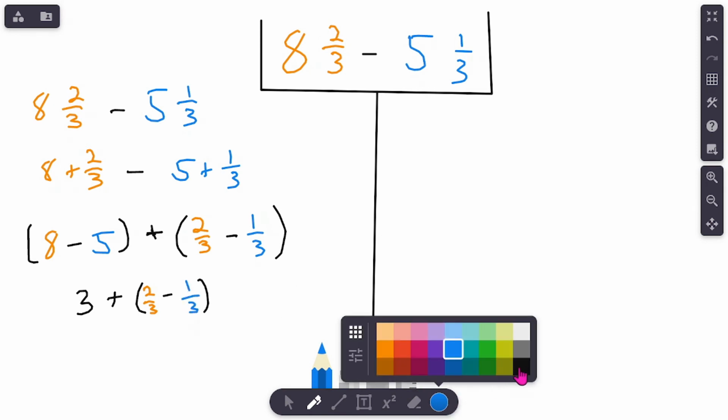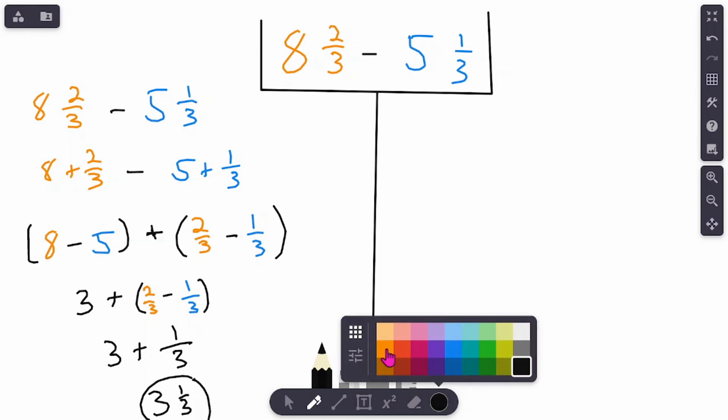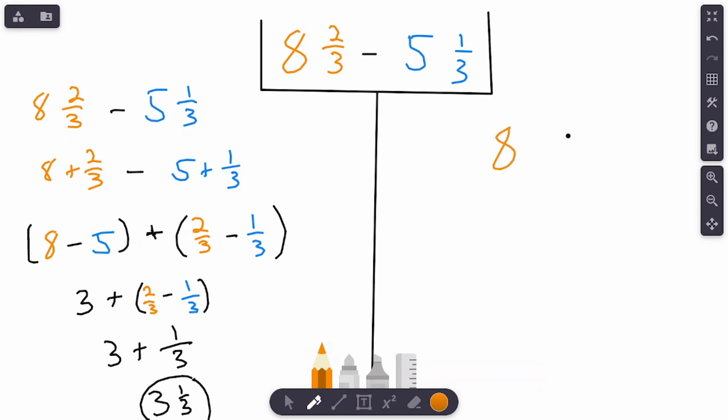Now let's subtract these fractions, and we're going to have 3 plus 2 minus 1 is 1. We don't subtract the denominators. The denominator stays the same, and we're getting an answer of 3 1/3.